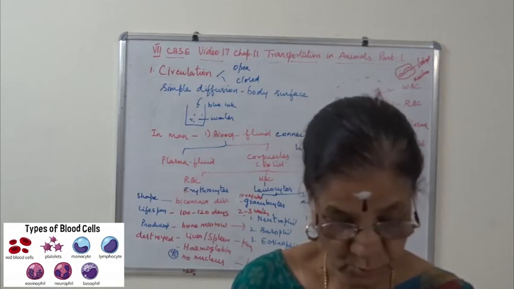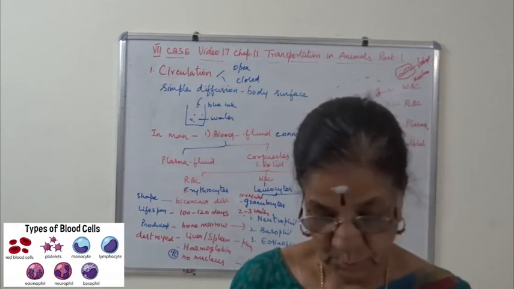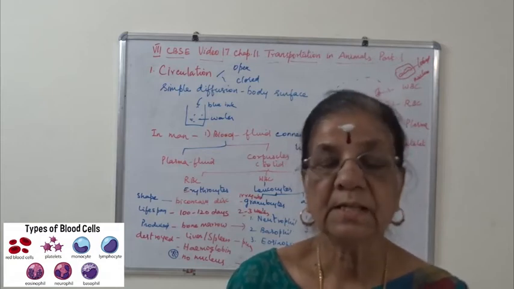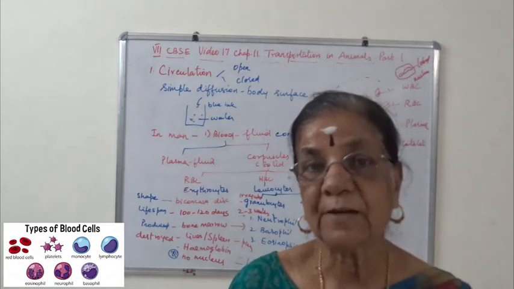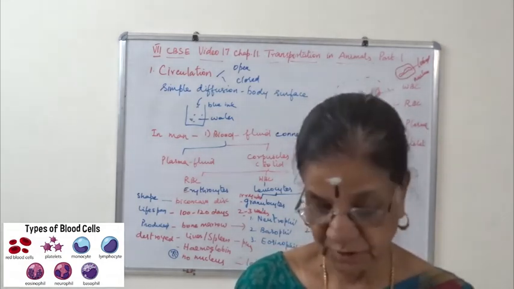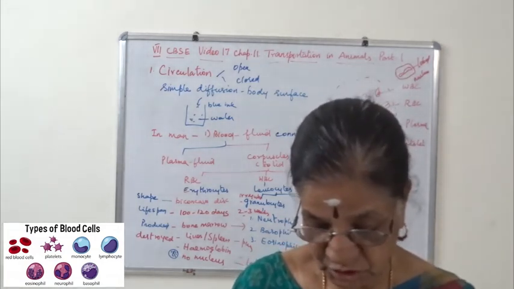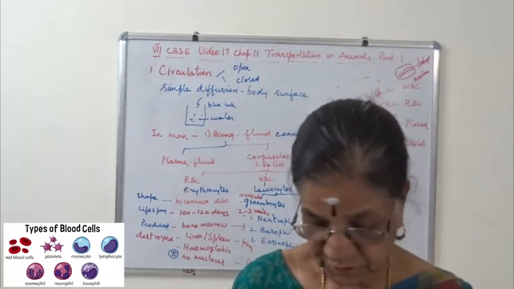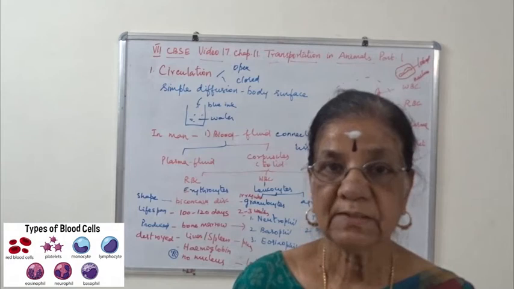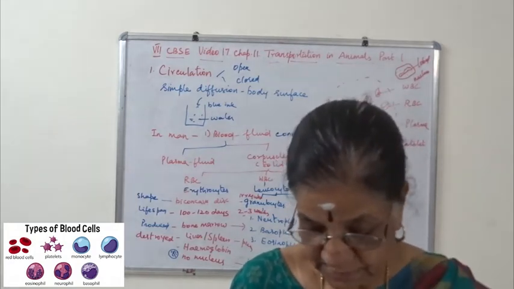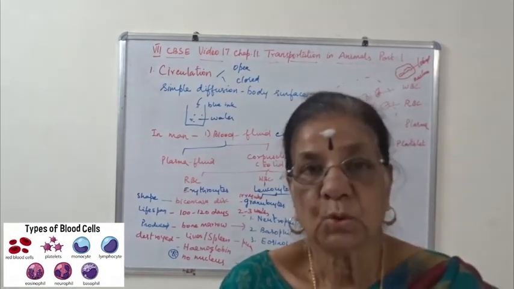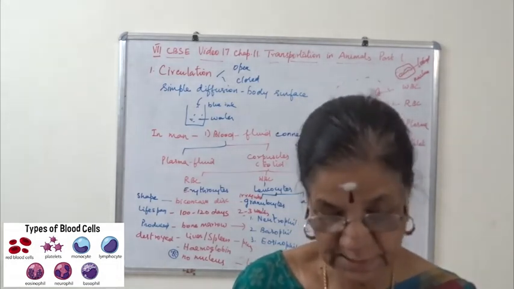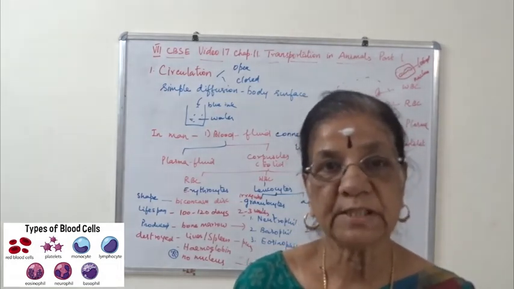WBC move actively in the blood and can move into and out of the blood vessels if needed. And WBC will not have hemoglobin. So the blood cell counts: RBC 5 to 6 million, WBC 4,000 to 11,000 and platelet 1.5 lakhs to 4 lakhs. And platelet is mainly meant for blood clotting.